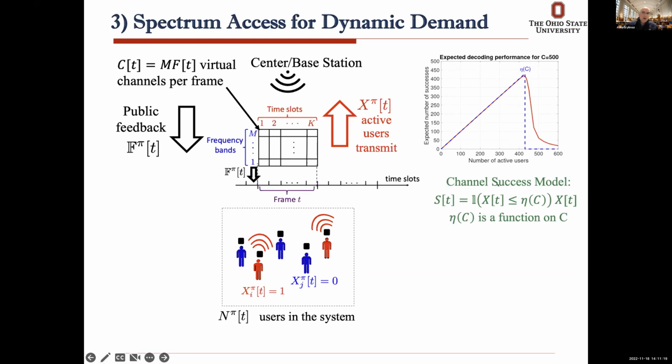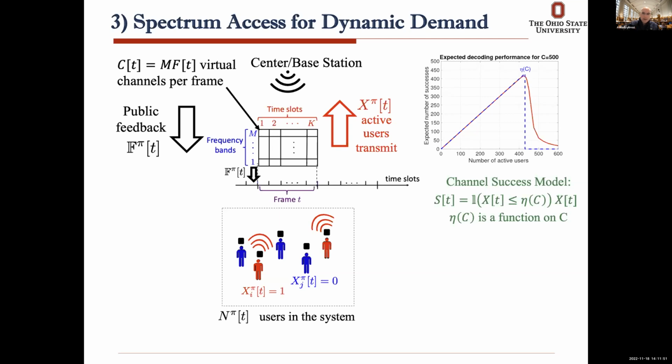That success model is captured by this threshold-based structure, which says that if the number of active users is less than a certain threshold, they can succeed. If it's beyond that, they fail.